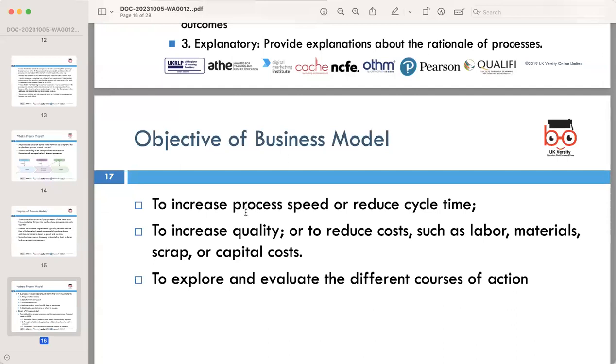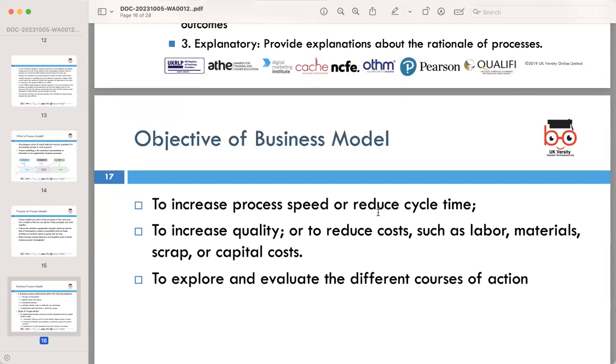Increase process speed or reduce cycle time: businesses may seek to enhance the speed at which their processes operate or reduce the time it takes to complete a cycle. This can lead to increased efficiency and quicker delivery of products or services to customers.